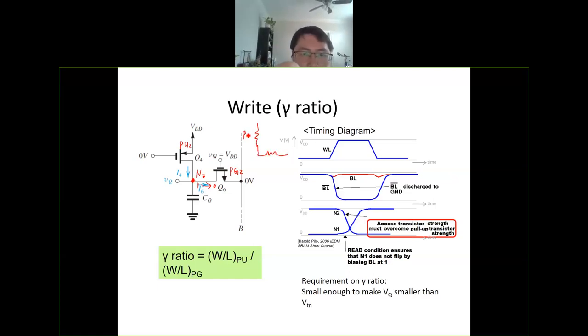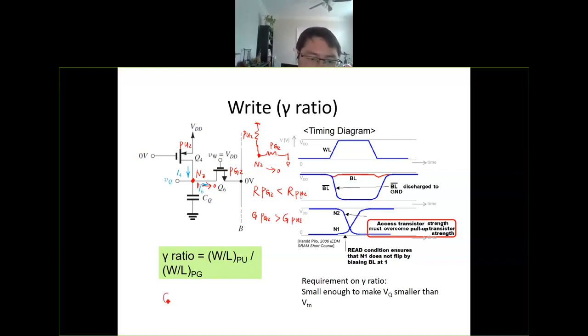So here you have PU2 and PG2. You want this N2 node close to 0. So from the voltage divider, you want the resistance of PG2 to be smaller than the resistance of the PU2. So you can make N2 close to 0. And how do you do that? Then you want the conductance of PG2 larger than the conductance of PU2.